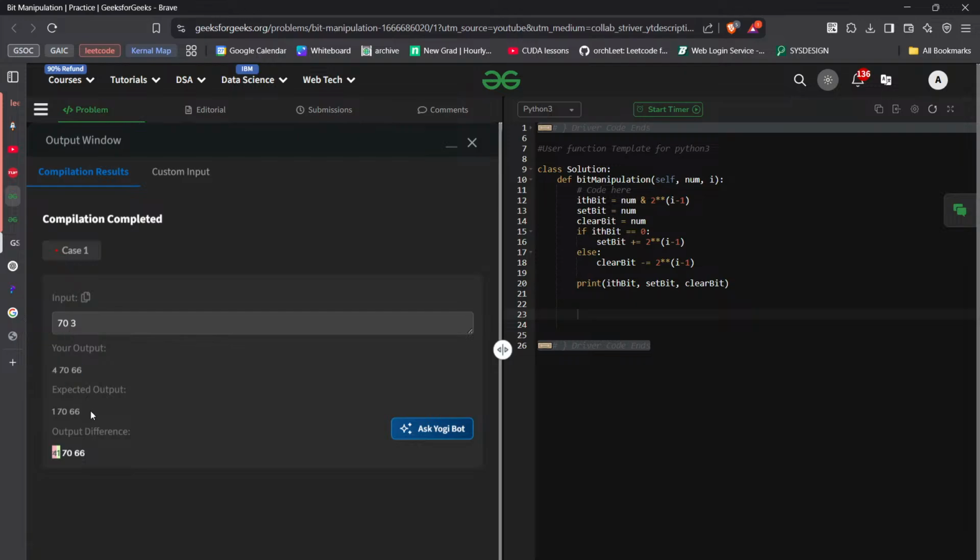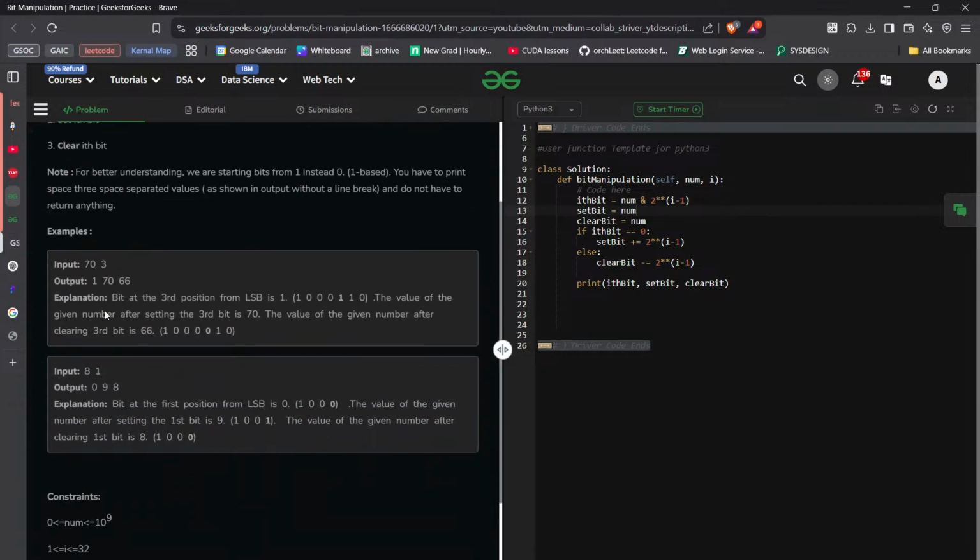Your output, expected output was 1. Okay, what were we supposed to return? Two raised to i is 4. Wait, what did I end it with? Get the ith bit for 70.